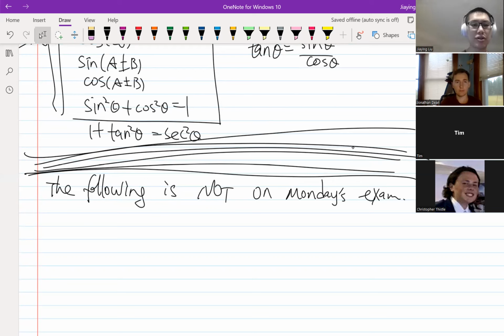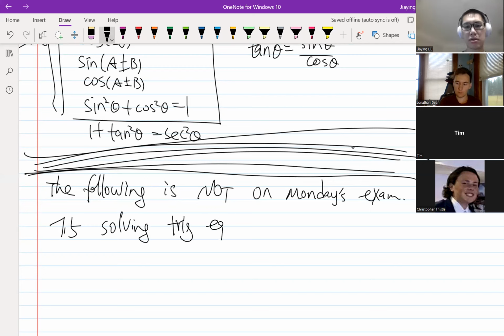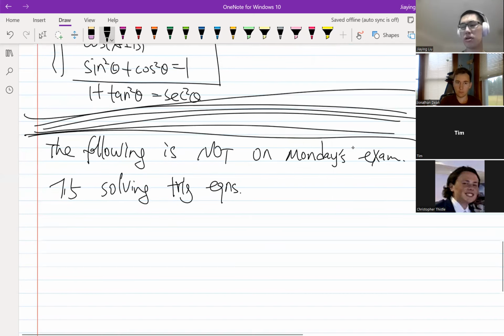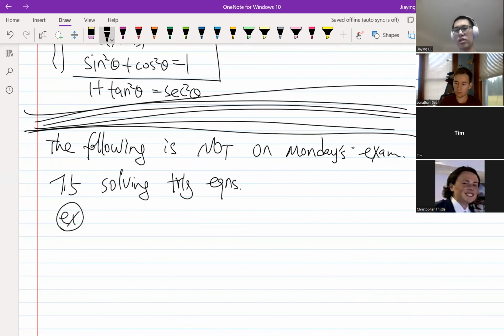So the next thing I'm going to do is talk about solving trig equations. I'm just going to go through a few examples, because it's better to go through examples than to talk conceptually about this section.